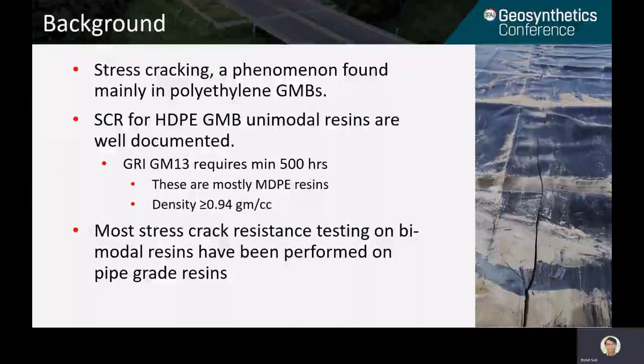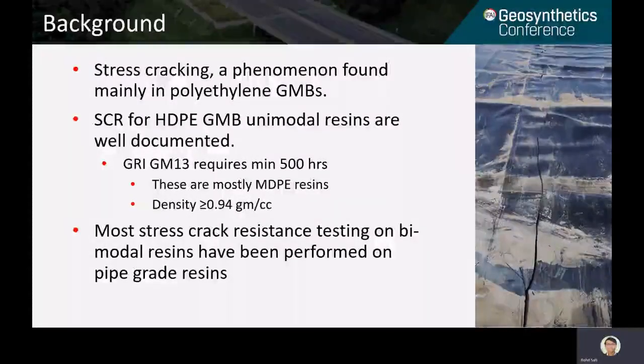Now, stress crack resistance for standard grade HDPE geomembranes, which are mostly unimodal resins, is very well documented. GRI GM13 requires a minimum of 500 hours. But if I take you back about 30 years, to the early 90s, researchers began to look at this resin and try to improve the mechanical properties, especially the stress crack resistance, because the stiffer the material is, the more you have problems with environmental stress cracking.